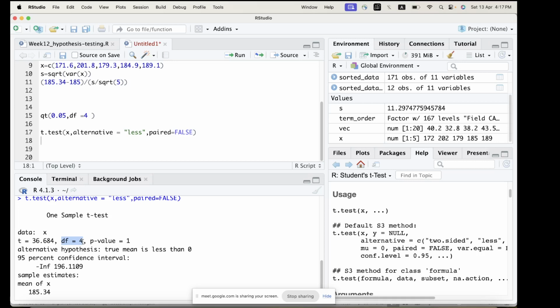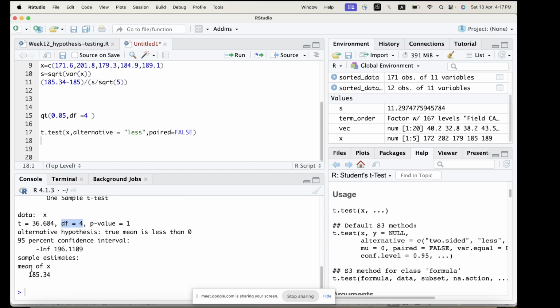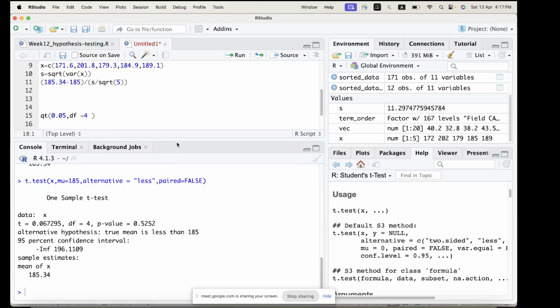Okay, and the sample mean of x is 185.34 and the p value is 1. Oh, mu we have to specify, no? So mu was how much? Mu was 185. So see, it coincides with our test statistic also.